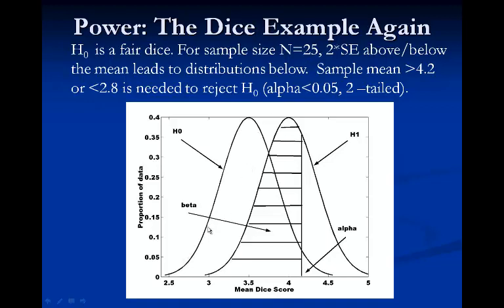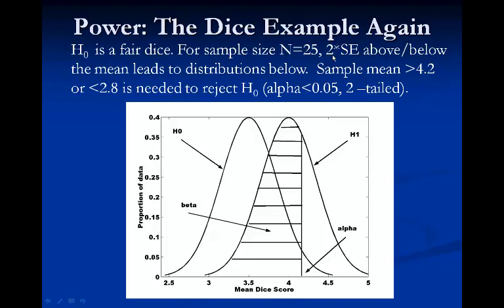So we can draw that out here, and the mean score under the null hypothesis of a fair dice is 3.5. And it turns out that the standard deviation can be calculated approximately 0.34, 0.35. Let's work with 0.35 for calculations. So the standard error of the mean is 0.35.